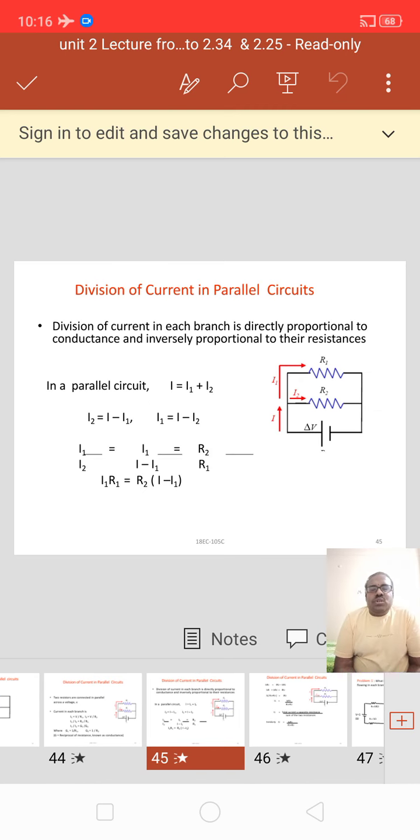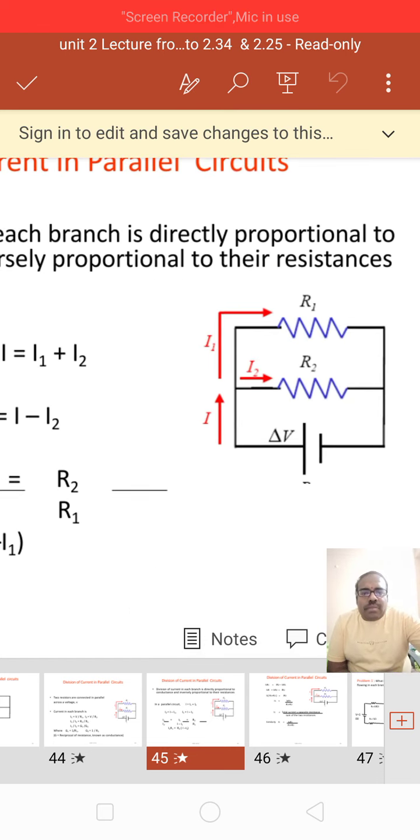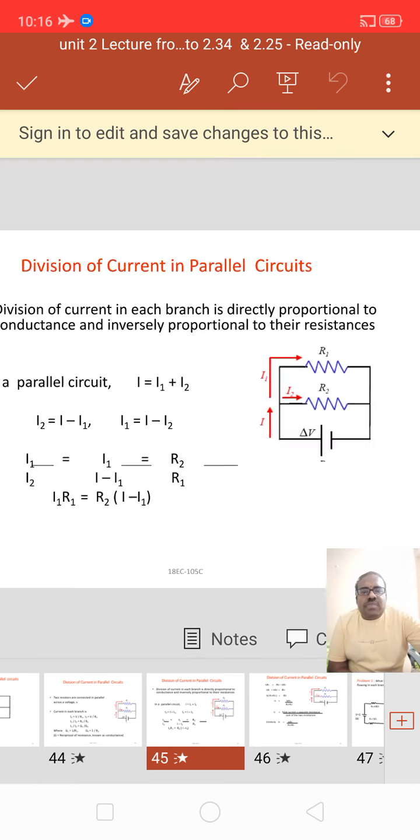Now division of current in each branch is directly proportional to conductance and inversely proportional to their resistance. Once again I am repeating, division of current in each branch is directly proportional to conductance and inversely proportional to their resistances. So here already given the diagram representation of the division of circuits.